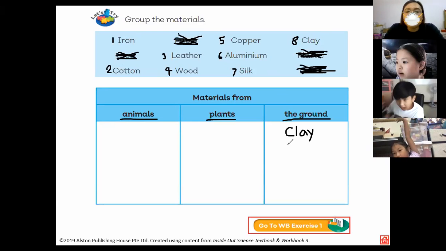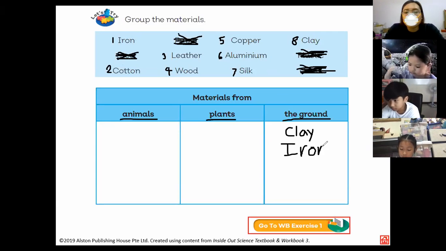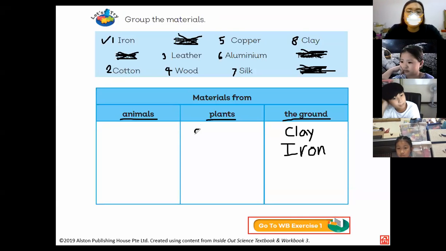The ground, okay, so we're right, iron. Okay, now number 2, cotton. From plants, okay, very good.